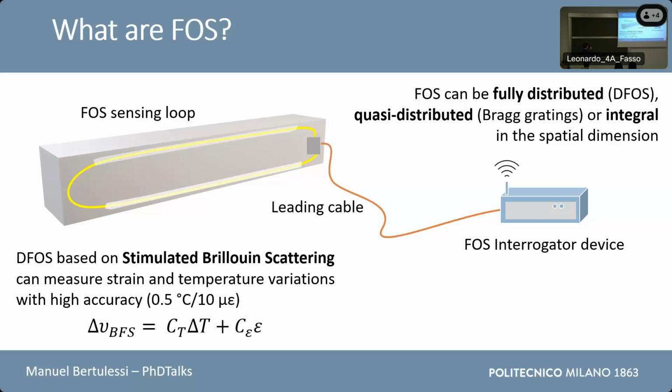An important aspect is that in Brillouin frequency shift, the raw data is a frequency because we are dealing with the optoelectronic world. The Brillouin frequency shift is the linear superposition of the temperature variation and mechanical strains, and there are several technologies and solutions to split these two contributions that have a very large history in the literature.